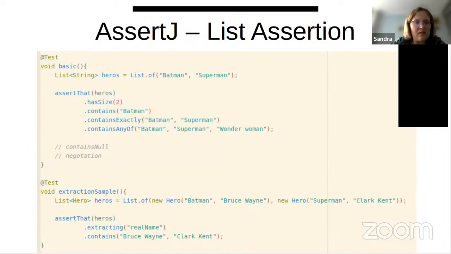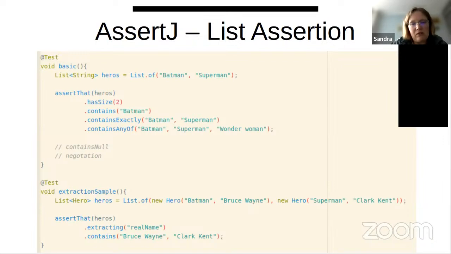I can say, please test which size the list has, please test which values are in this list. I can say if I need exactly one of them to be there. So I have many possibilities for what I can test with my list.